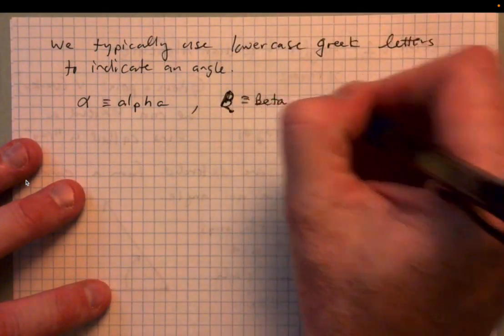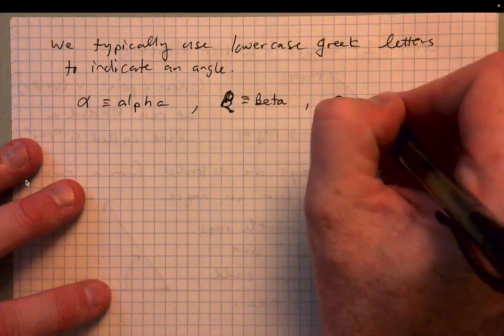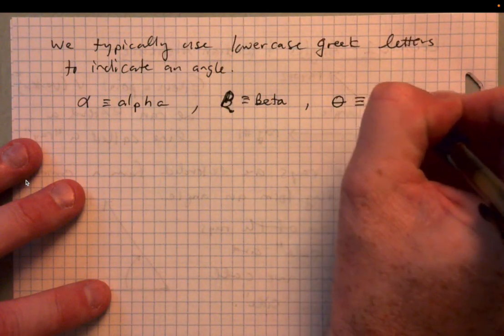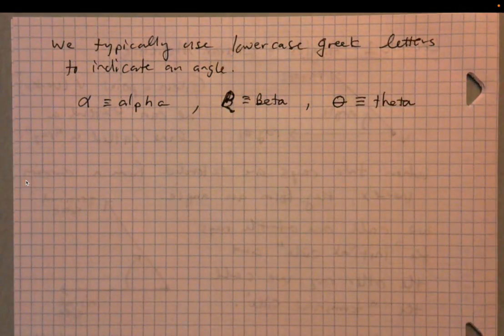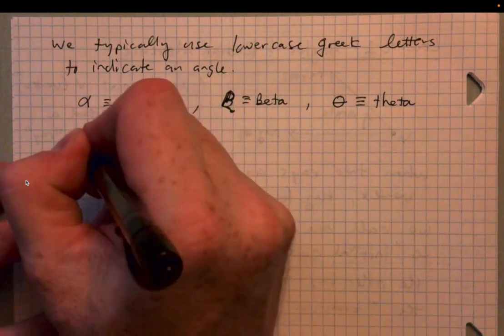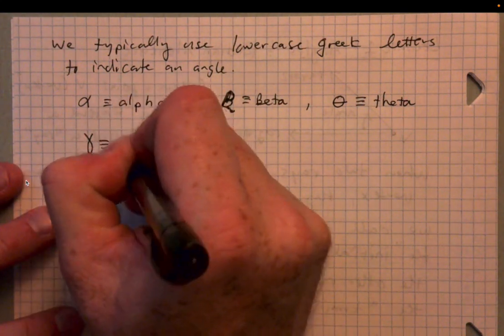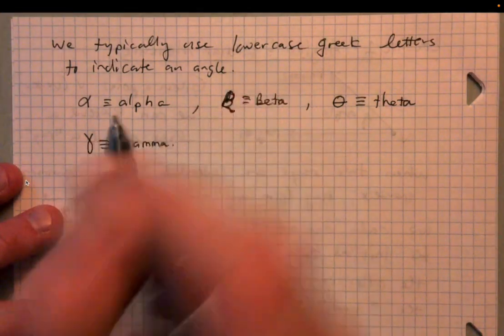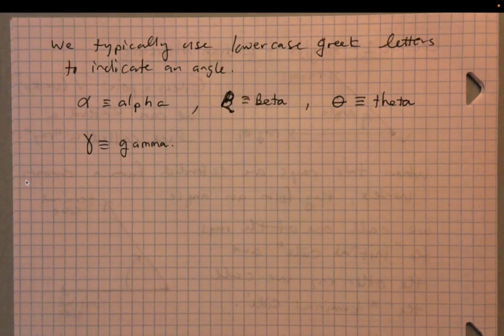And then I think the one that's most common is theta. So alpha, beta, and theta are the most common. There's also gamma, which you might see sometimes as well.